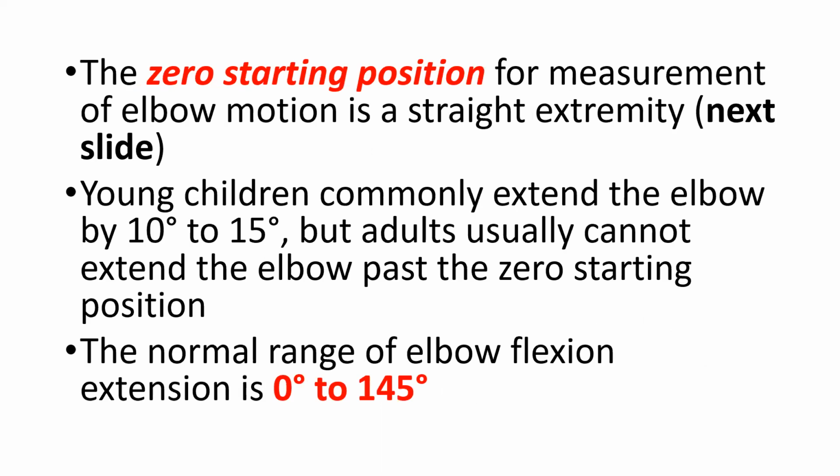The zero starting position for measurement of elbow motion is a straight extremity. Young children commonly extend the elbow 10 to 15 degrees, but adults usually cannot extend the elbow past the zero starting position. The normal range of elbow flexion is from 0 to 145 degrees.